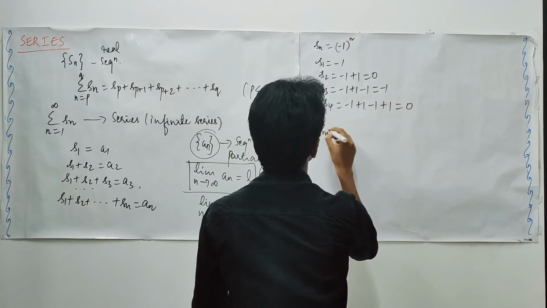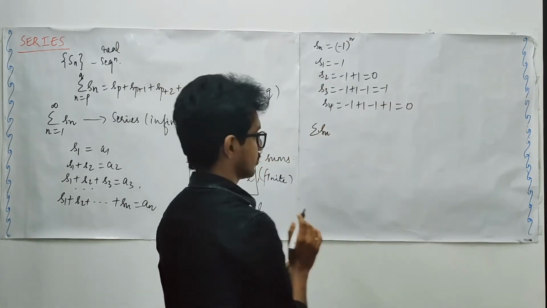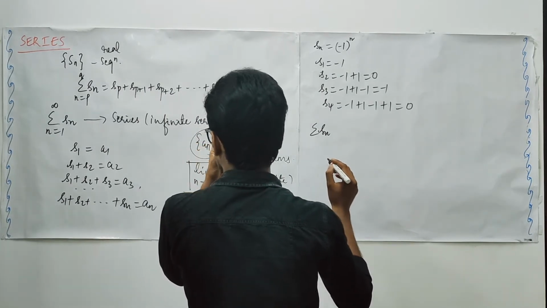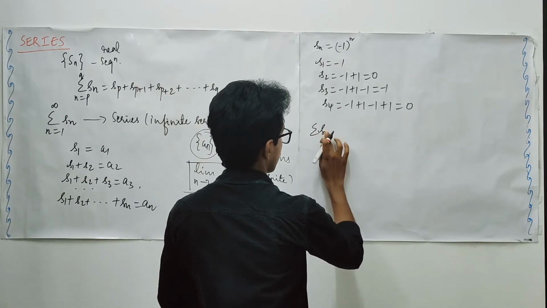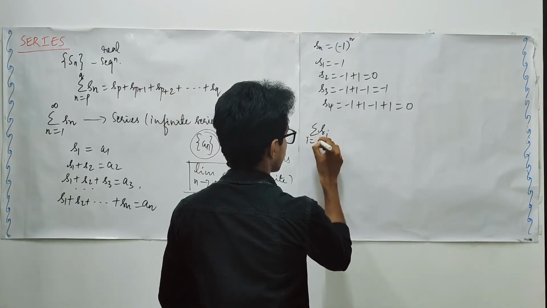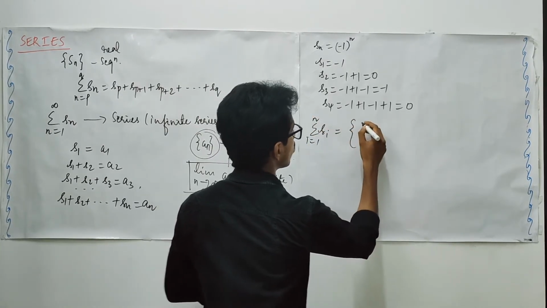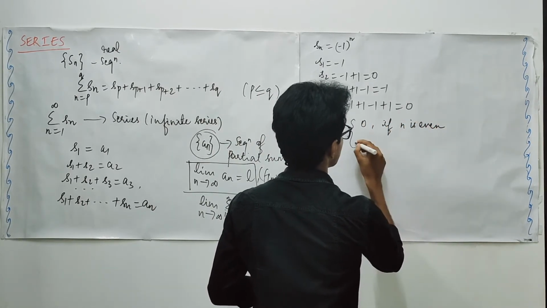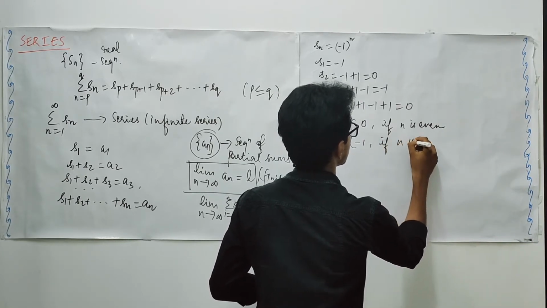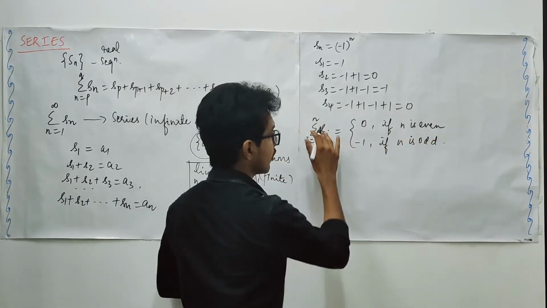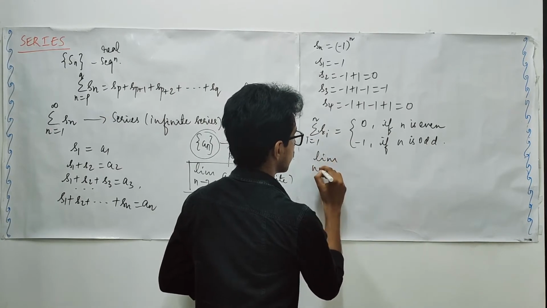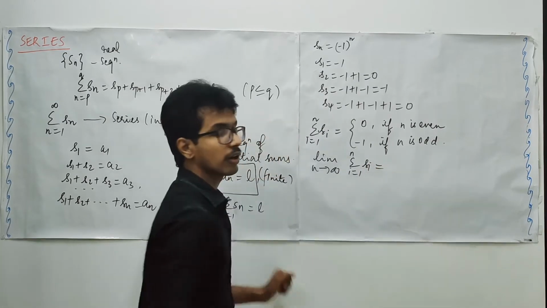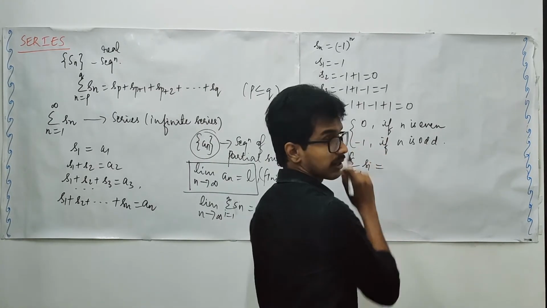So in general, the sum of Si, where i runs from 1 to n, is 0 if n is even and minus 1 if n is odd. I will take the limit as n approaches infinity here. What is it going to be? It is either 0 or minus 1.